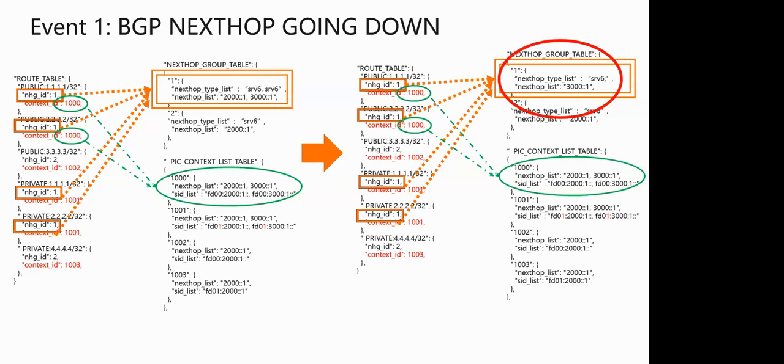Sure. Yeah. But then that will bring the next question in the global table. For the global table, I do need the SAI changes. That's what probably I want to discuss maybe later on. Sure. And Eddie, I guess this PIC context list table is optional, right?